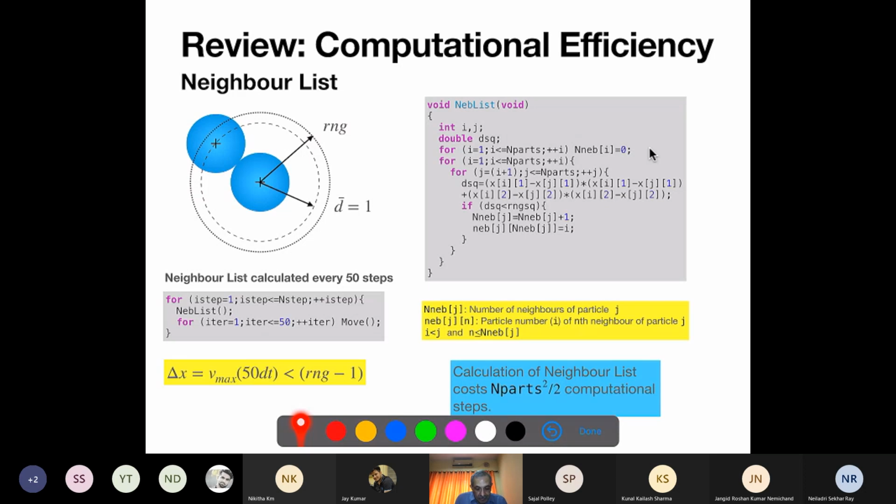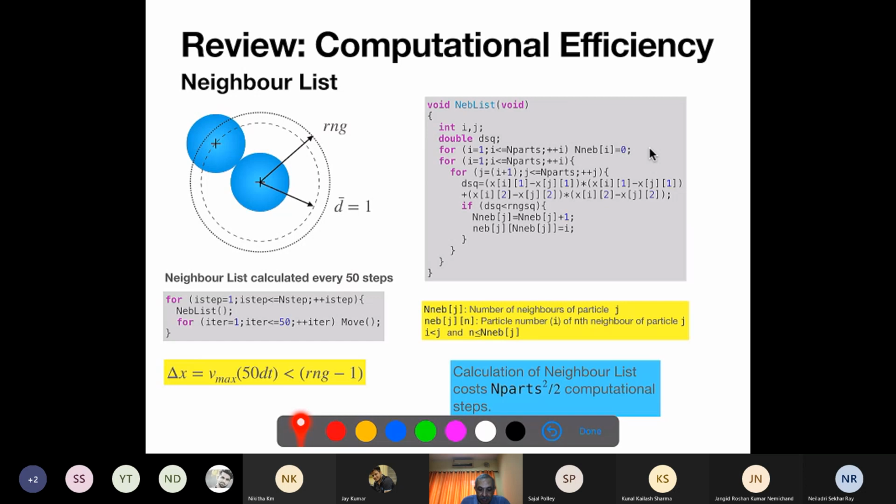The maximum distance that a particle will move will be Vmax into 50, let's say, if we calculate the neighbor list every 50 steps, into dt. If this value is less than range minus 1, that is the distance between the dashed line and the dotted line, then you're okay. If it becomes greater, then you will miss out on some of the collisions.